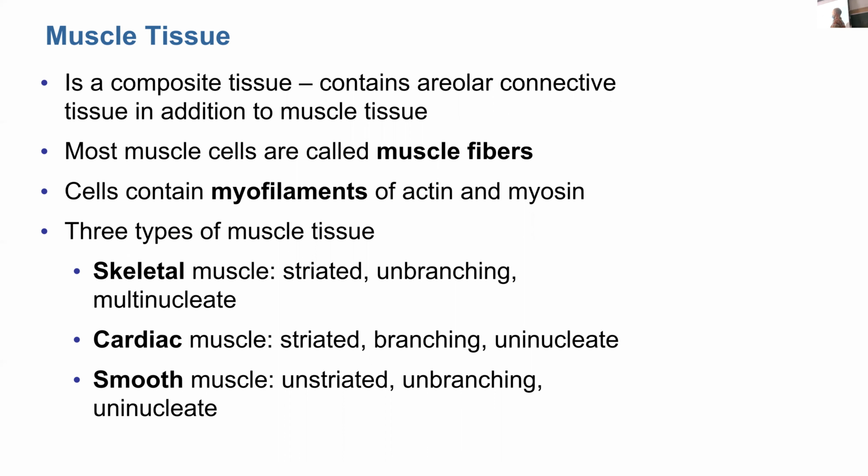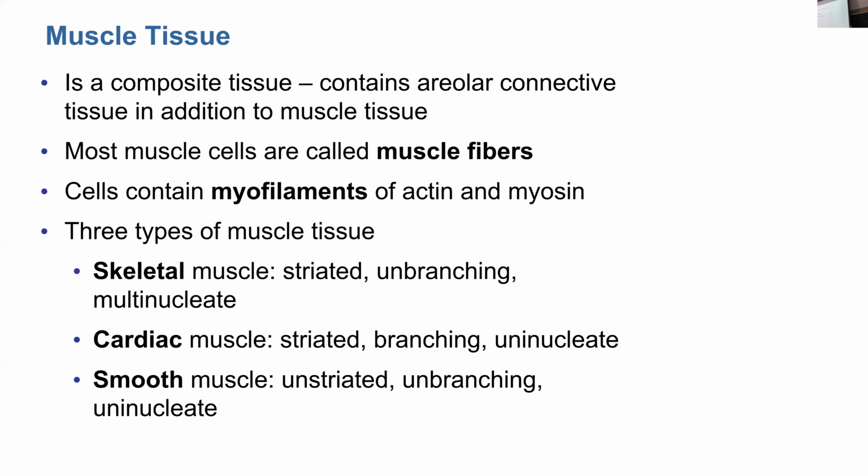Mostly we call muscle cells muscle fibers. So the term muscle fiber and muscle cell are interchangeable. And importantly, these cells contain 2 kinds of myofilaments, actin and myosin. So you'll need to know that. The prefix myo simply means something to do with muscles.